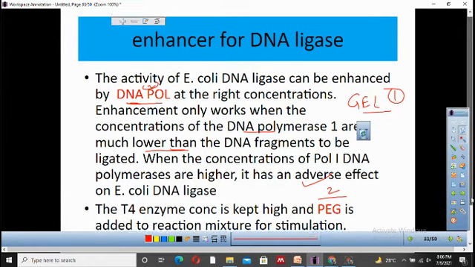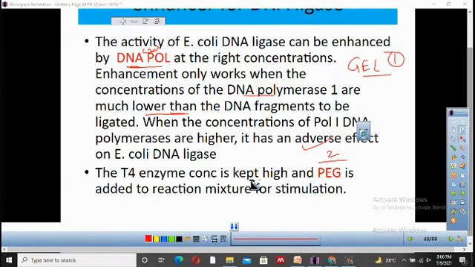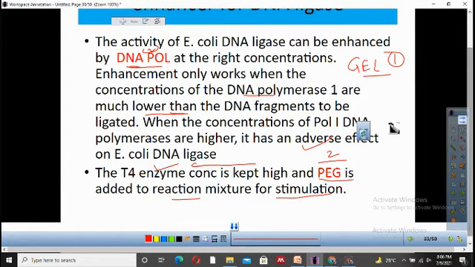Similarly, for the T4 ligation, the enzyme concentration is kept high, and polyethylene glycol is added to the reaction mixture for stimulation. So polyethylene glycol stimulates the activity of the T4 enzyme. In this way, the genetically engineered ligase, DNA polymerase 1, and polyethylene glycol act as the enhancers.